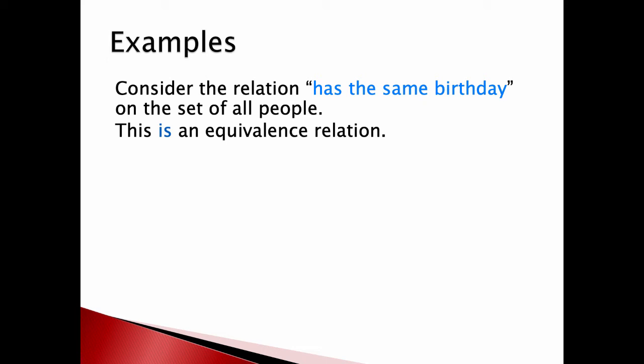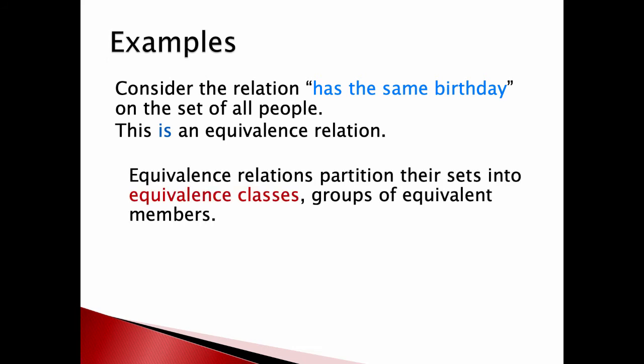One thing that's interesting about this example, though, is it lets us introduce equivalence classes. Equivalence relations will partition the set up into equivalence classes. What does that mean? What it means in this example is kind of obvious, right? If you think about this, what are all the possibilities for people having the same birthday?